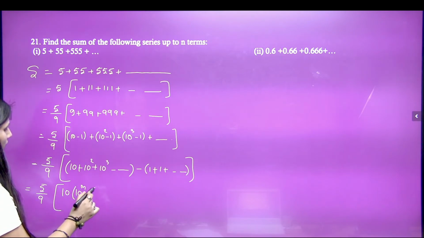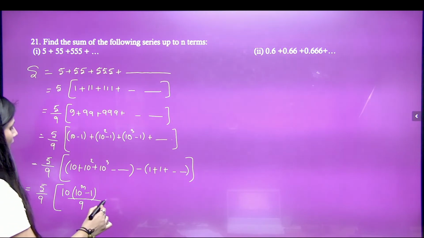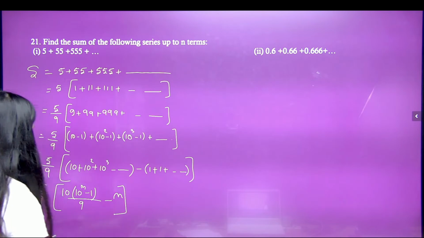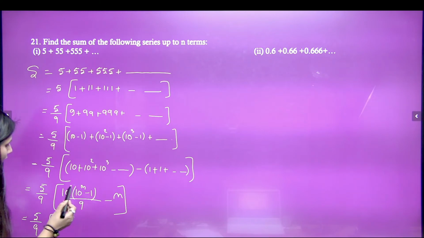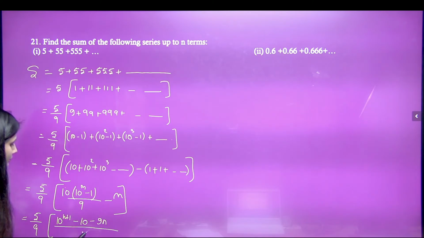Rn minus 1 by r minus 1, that is 10 minus 1, so it is 9. Again, if I add 1 n times, it is n only. So in the next step, 5 by 9, 10 to the power n plus 1 minus 10 minus 9n by 9.